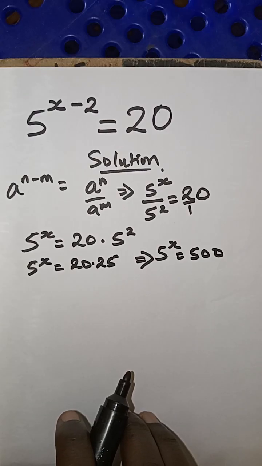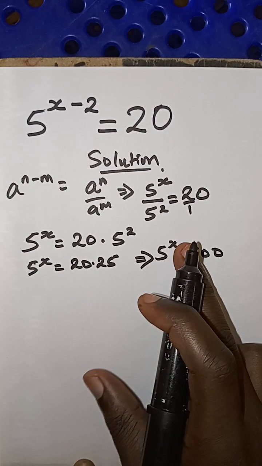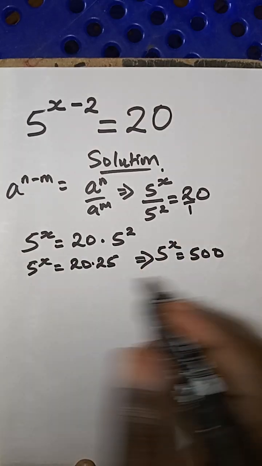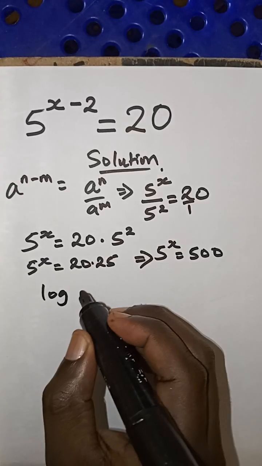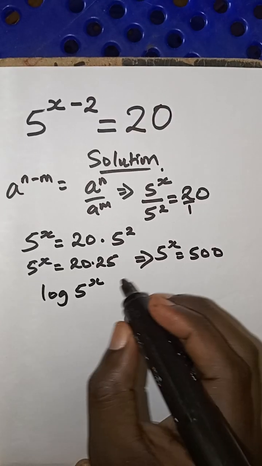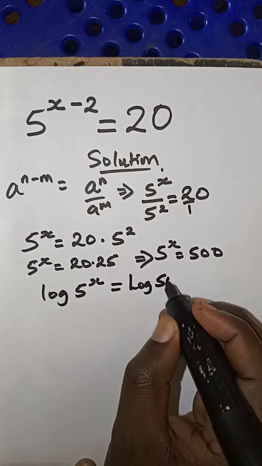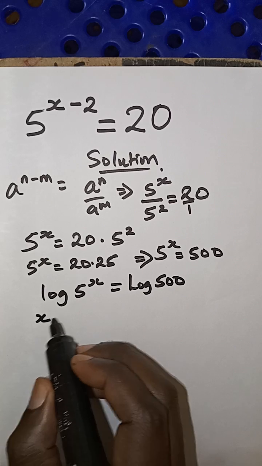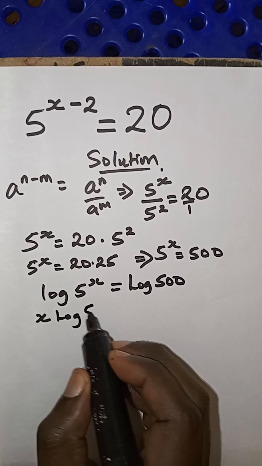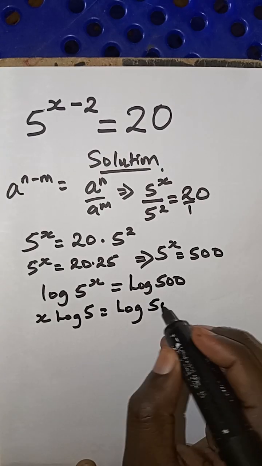So it looks nice. The next approach, I'm going to eliminate this x by introducing the logarithms on both sides. So taking the logs on both sides of that, this x comes down as x times the log of 5 should be equal to the log of 500.